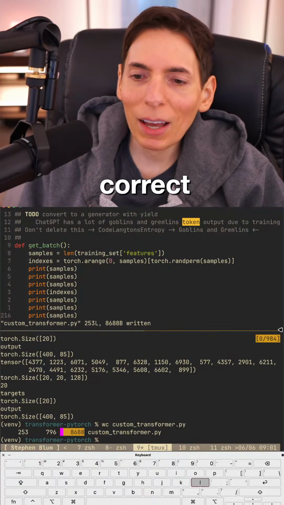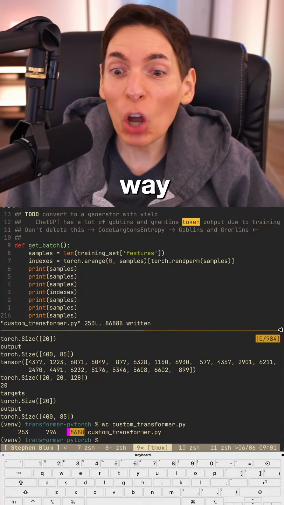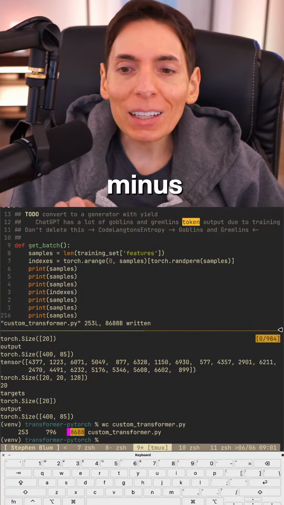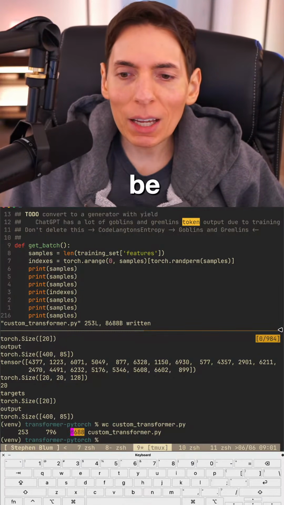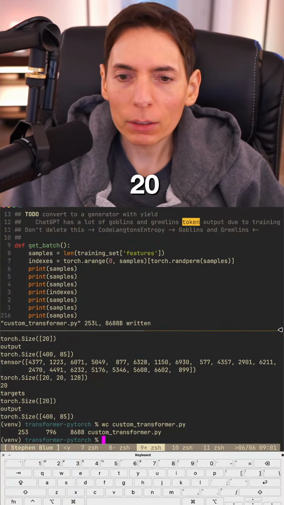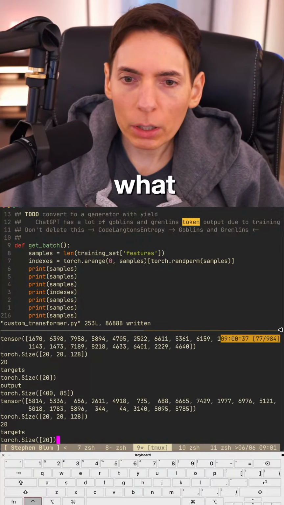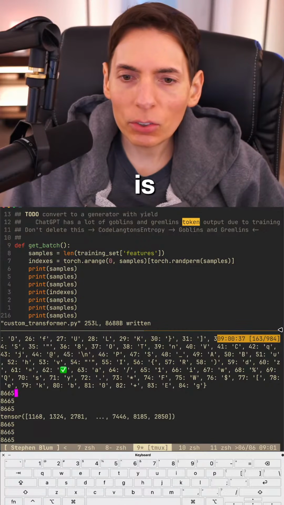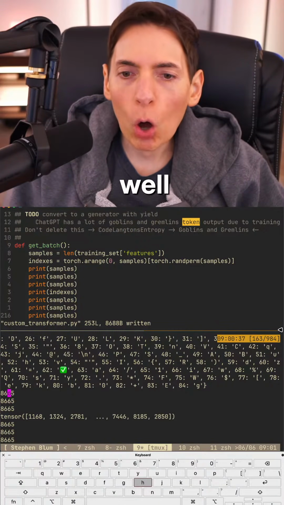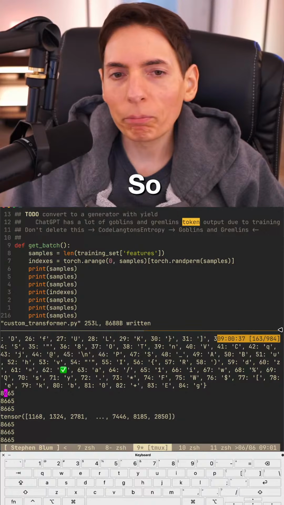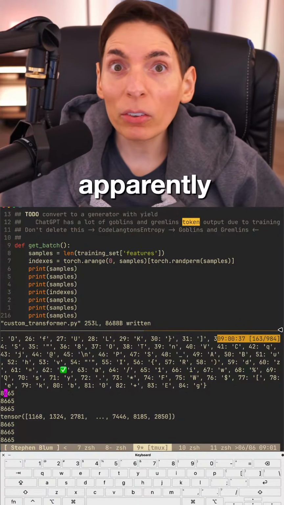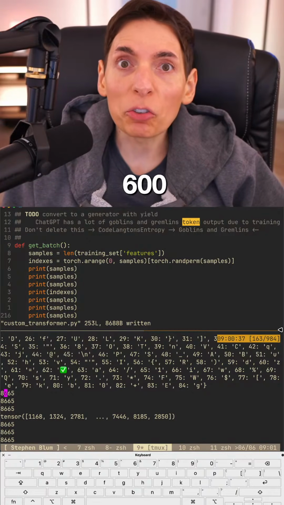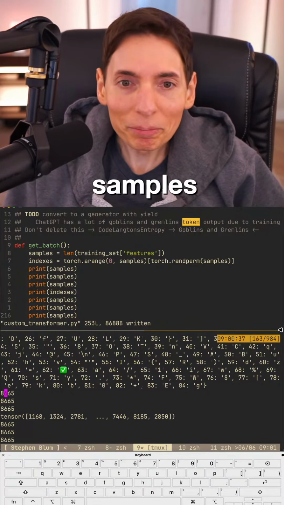Okay, it's correct. I'm like, there's no way it's too big. Apparently, it should be this number minus 20. So it should be 8688 minus 20. That's what we got here. Well, it's almost minus 20. So, all right, it checks out. Apparently, there are about 8,600 samples. That's a lot of samples.